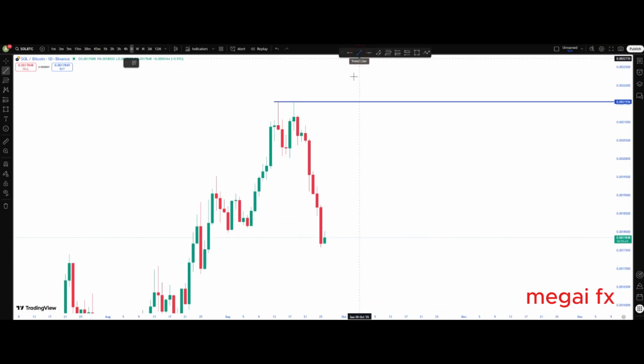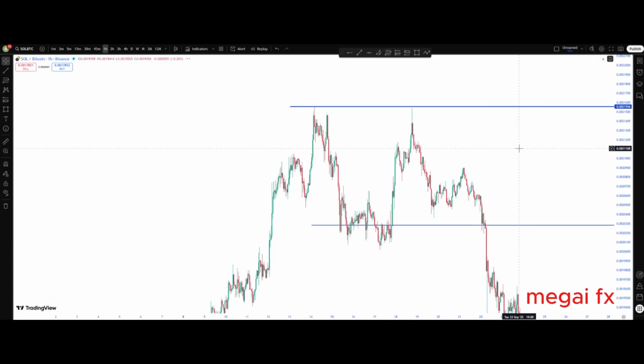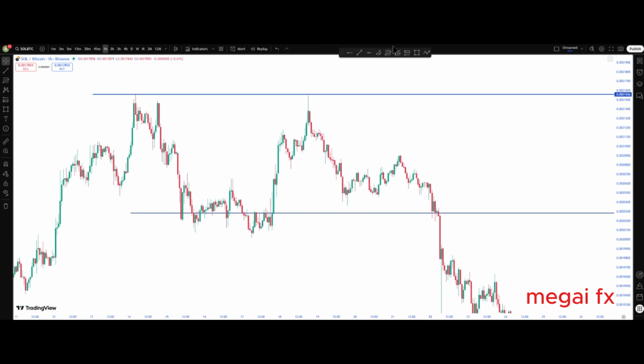This was the change in state of delivery on daily time frame. If you go down to 1 hour time frame on Solana BTC, this would have been our entry. This was the up close candle that swept liquidity on Solana USDT.